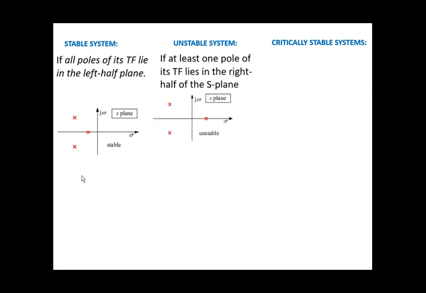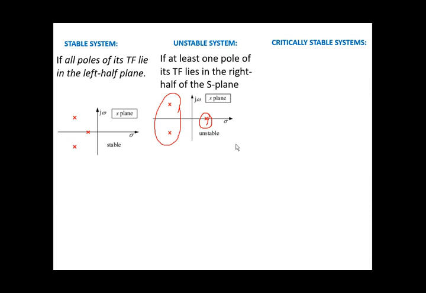And for an unstable system, at least one of the poles or one of the roots must be present in the right half of the S-plane. So one pole is present here. So it is an unstable system. One or more poles can be present in the right half of the S-plane along with the poles in the left half of the S-plane.